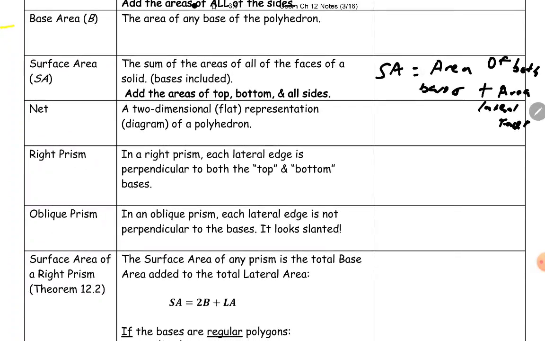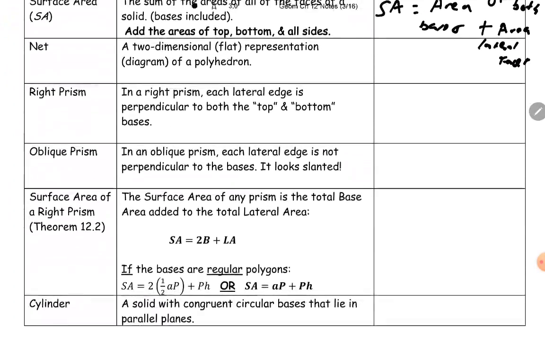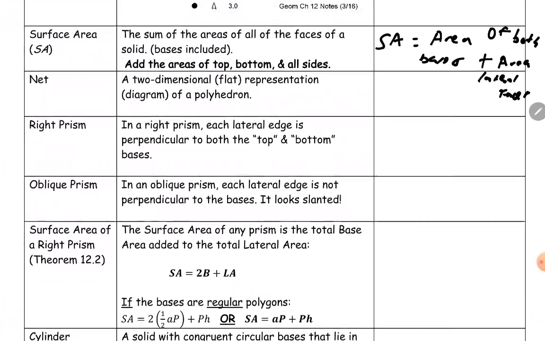And we're going to go ahead and skip a lot of this. Well, actually, okay, never mind. A right prism is basically a prism standing up at a right angle. So right angle here.